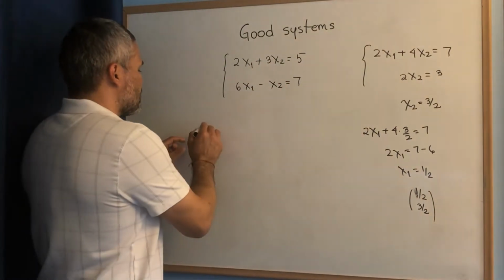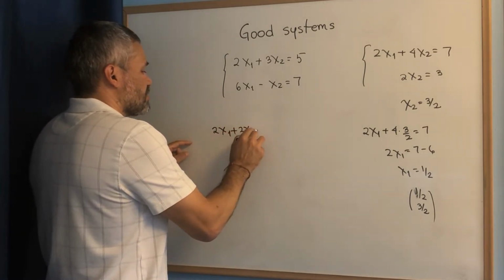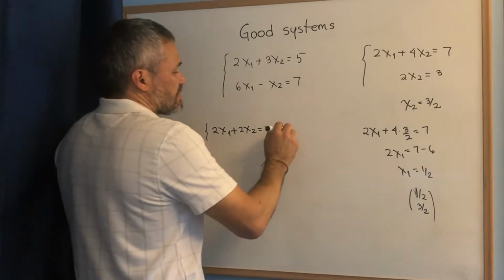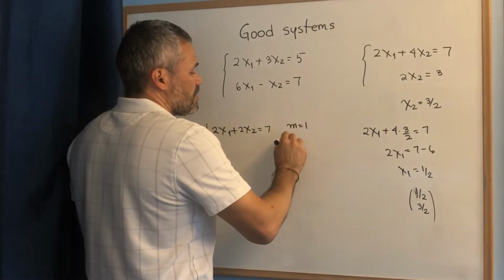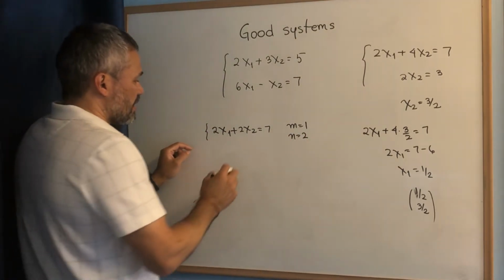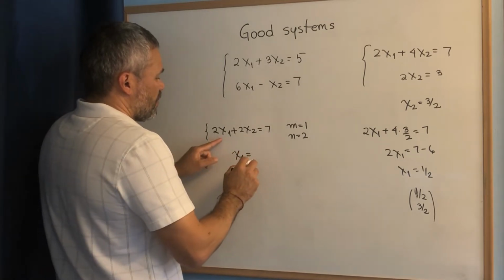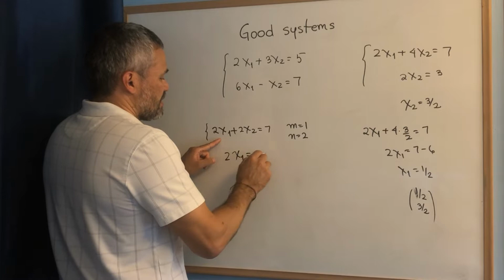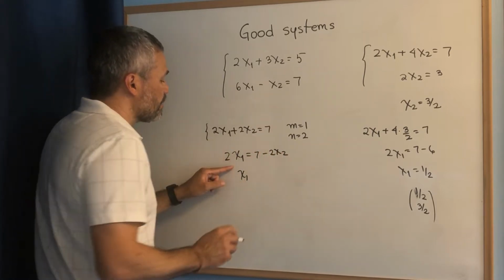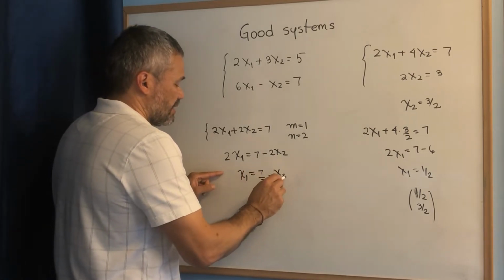Let me remind you that if you have an equation like this, 2x1 plus 2x2 equals 7, then this can be viewed as a system with one equation and two variables. One way to solve this system is to say that 2x1 is 7 minus 2x2, and when I divide by 2, I get x1 is 7/2 minus x2.